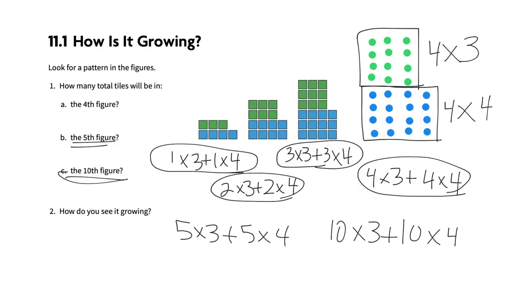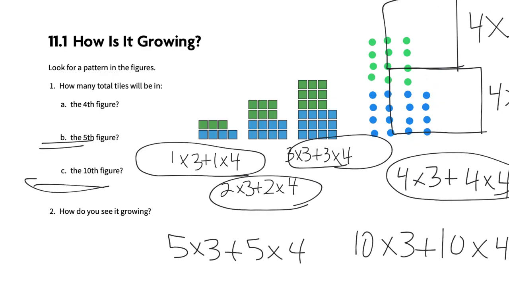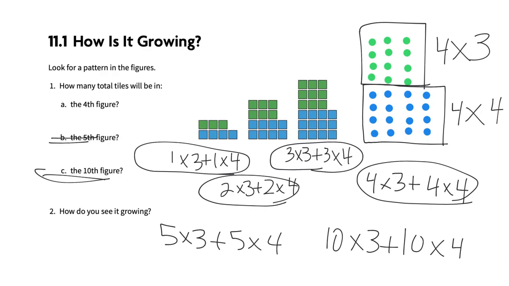Now, folks, there are other ways that a student might have looked for patterns. In fact, we could say, well, here's 6 plus 1, and then here is 12 plus 2, and then here is 18 plus 3.